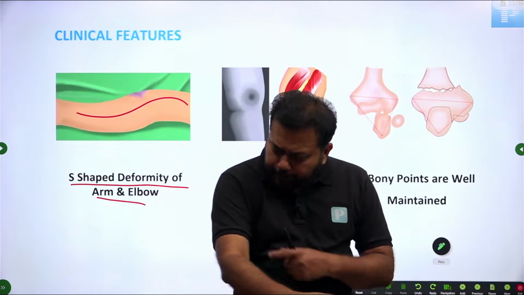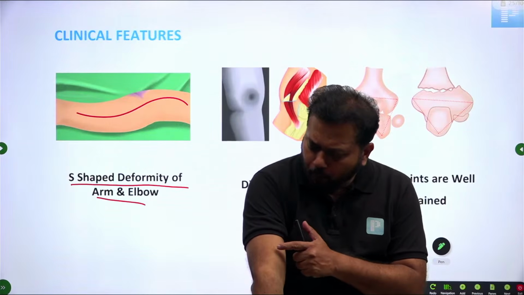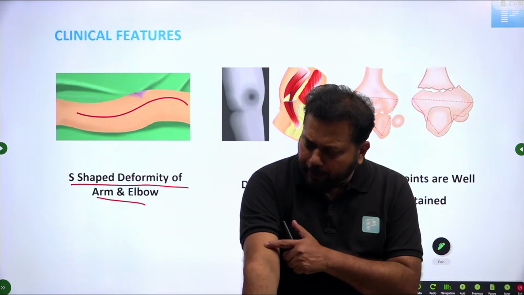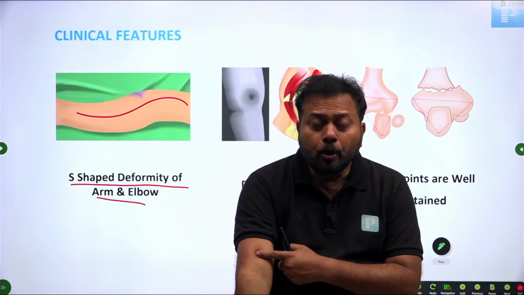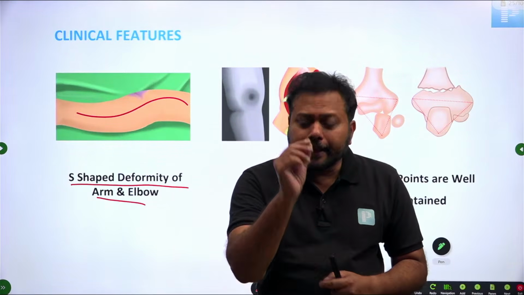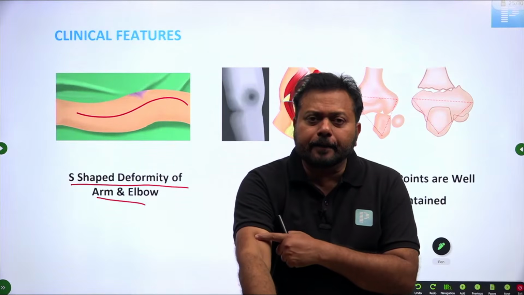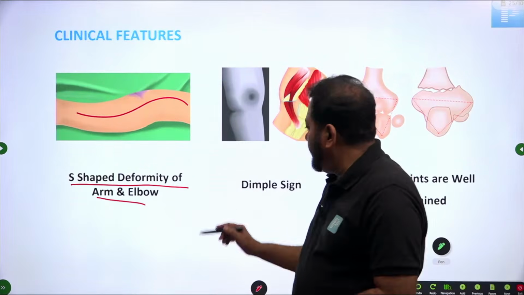Then in the lowermost portion of the arm, over the lower anterior aspect, you can see the skin is puckered. It will look like a dimple of your cheek, and that is called the dimple sign.